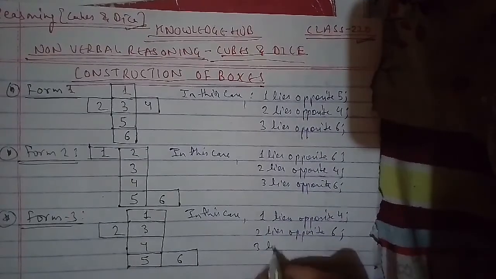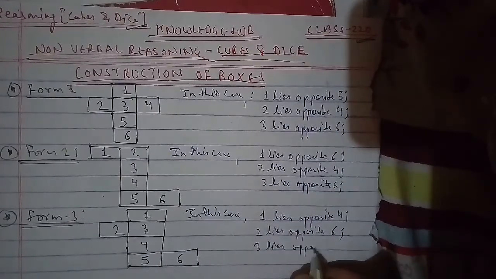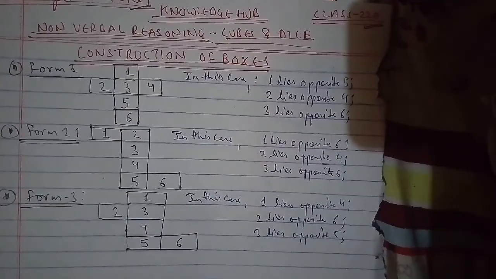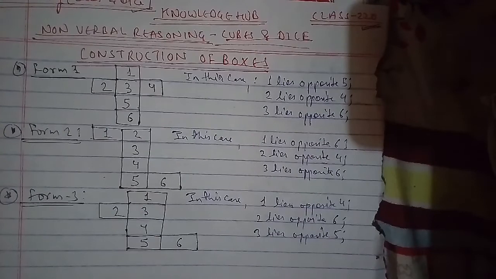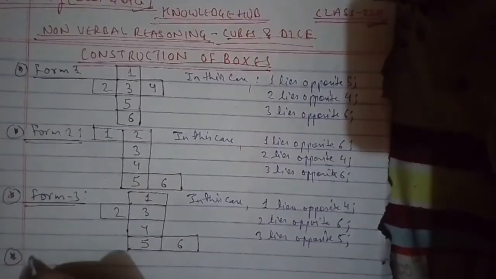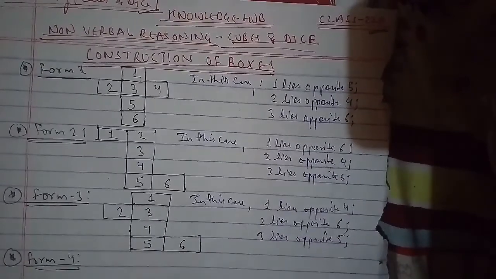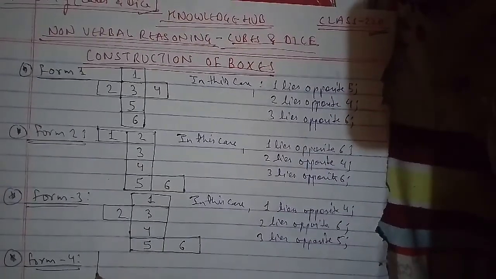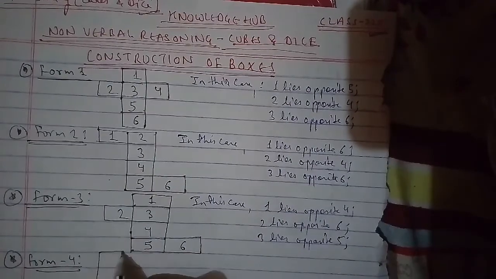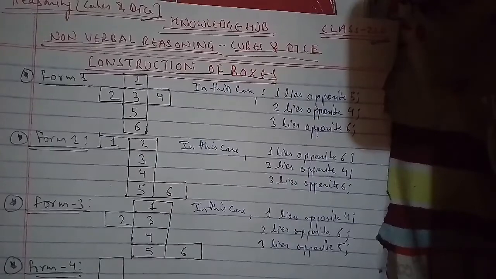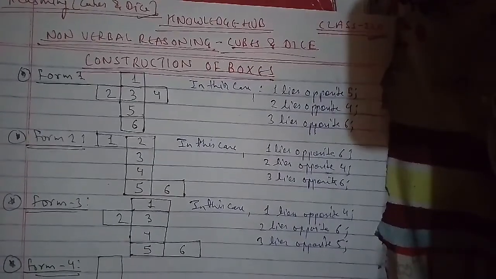Now we'll discuss another form here, which is an important one as well, the fourth form. Form 4. This is 1, 2, 3, 4, 5 and 6.